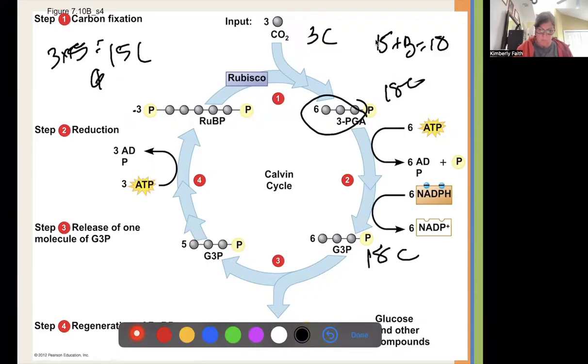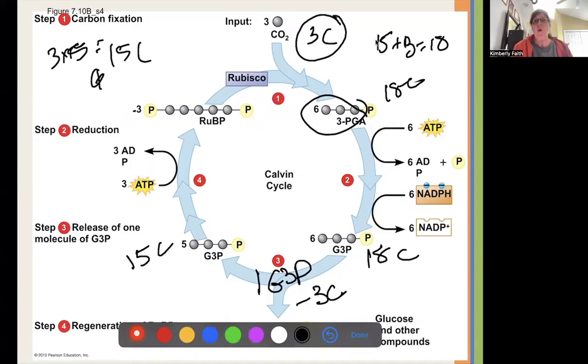We are going to get rid of one G3P, so we subtract 3 carbons. Here, notice we have 15 carbons back. So we're putting in 3 carbon atoms, and CO2 is considered inorganic. And we're pulling out 3 carbons that are now organic.